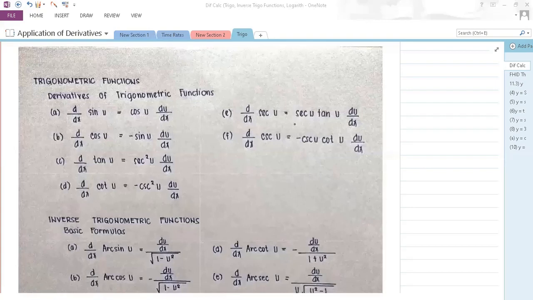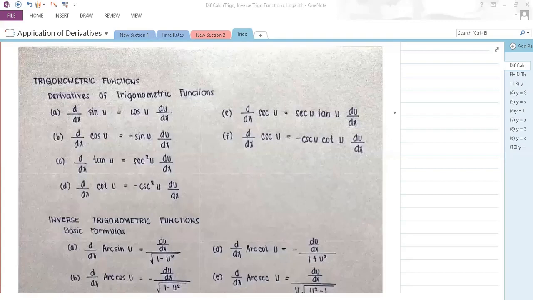For the derivative of the secant of u, that is equal to secant of u multiplied by tangent of u multiplied by the derivative of u with respect to x. For the cosecant of u, that is negative cosecant of u multiplied by cotangent of u multiplied by the derivative of u with respect to x.